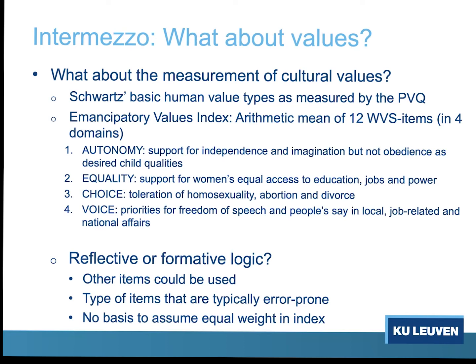And so they say we take the arithmetic mean of 12 items in 4 domains, and these 4 domains are not interchangeable, they are theoretically chosen. So it's a formative logic. And for the domains, to a certain extent, I buy the argument, but then within the domains, they are measured by multiple indicators each. And here I do see the logic of reflective measurement creeping in, but it would take me too long to have this discussion here.